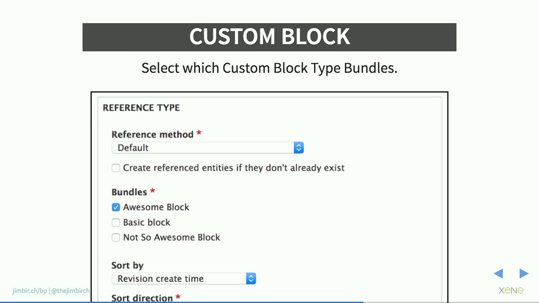Unlike some other things in Drupal, where you can just leave blank and it'll reference all of them, this field type has you select it. So you see here I selected awesome block. I did not select basic block or not so awesome block. But you could select multiple if you wanted to. And then you can basically do your sorts if you wanted to at the bottom, sort by time created or alphabetical if you're doing select list kind of things.